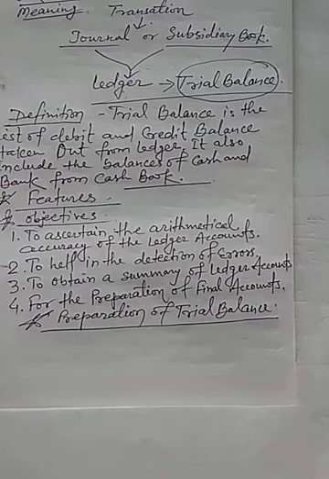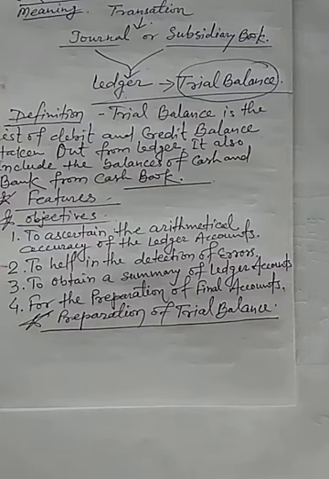Usually, it is prepared at the end of the accounting period, so as to verify the arithmetical accuracy of the ledger account before the preparation of final accounts. It may be noted it is always prepared on a particular date and not for a particular period.